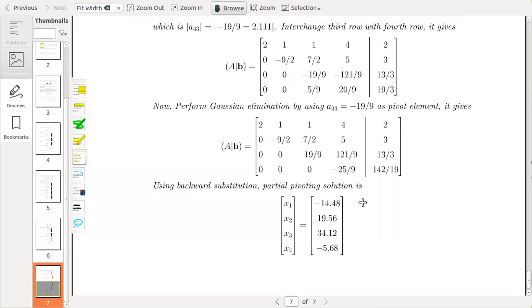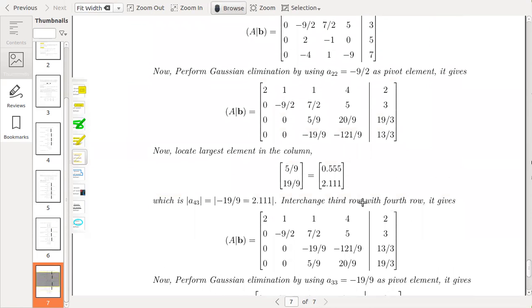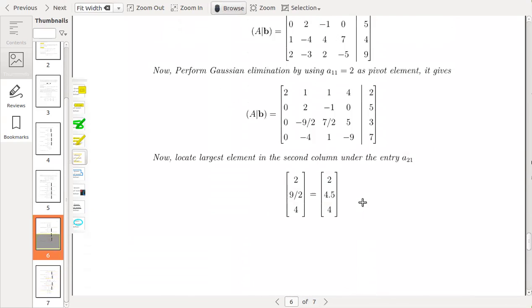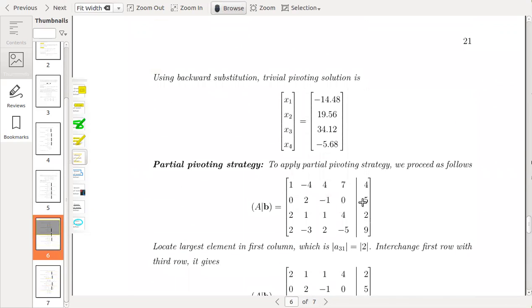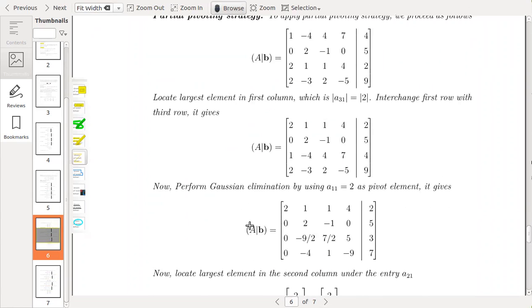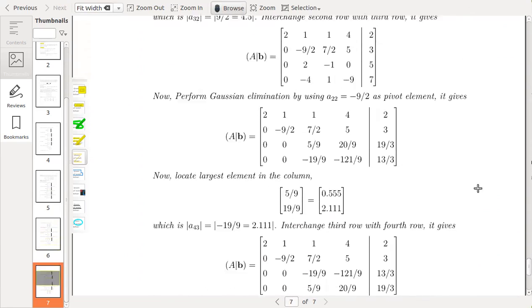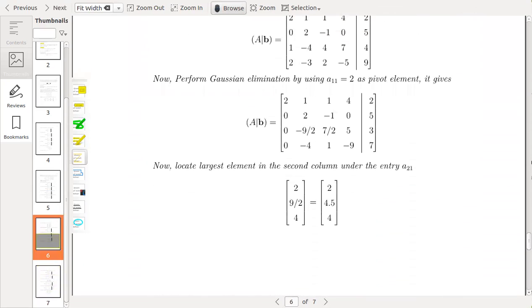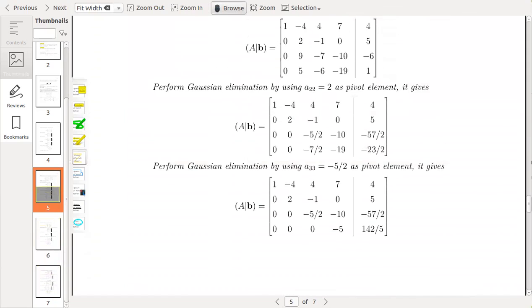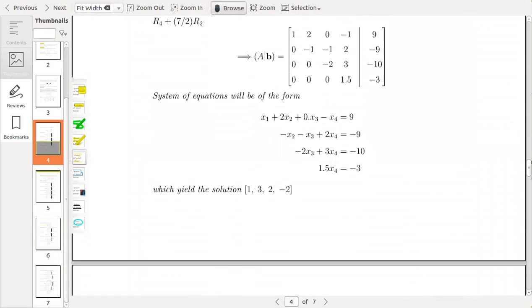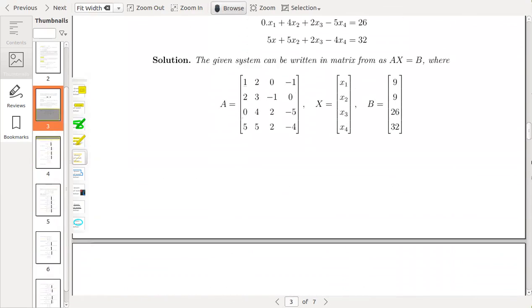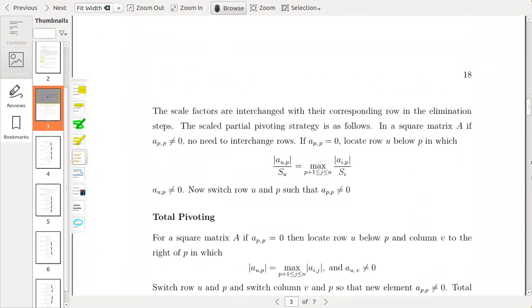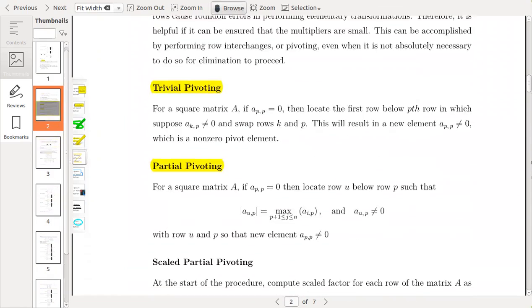So that is the difference between partial pivoting and scaled partial pivoting. So this partial pivoting strategy is similar to the scaled partial pivoting strategy. Okay. So what's the difference between trivial pivoting and partial pivoting?